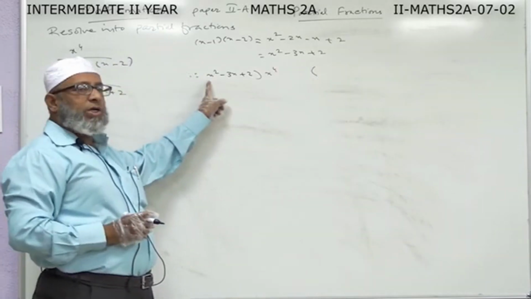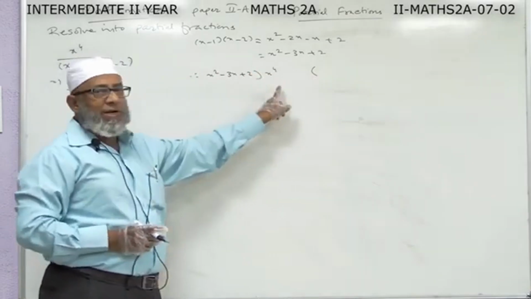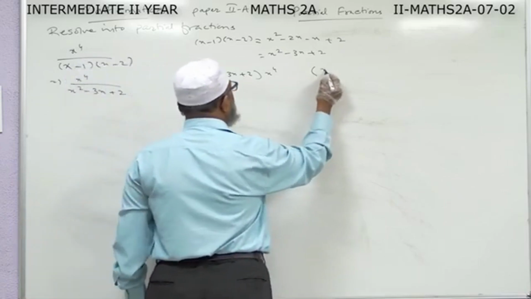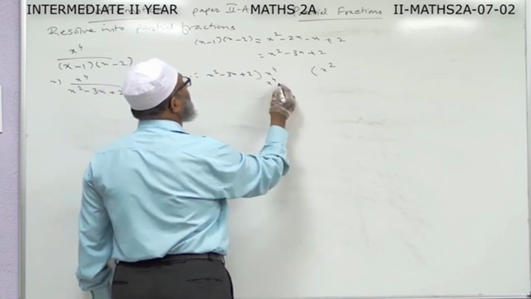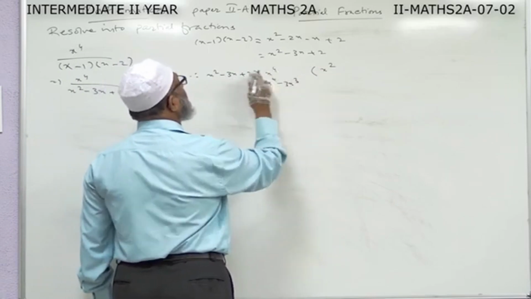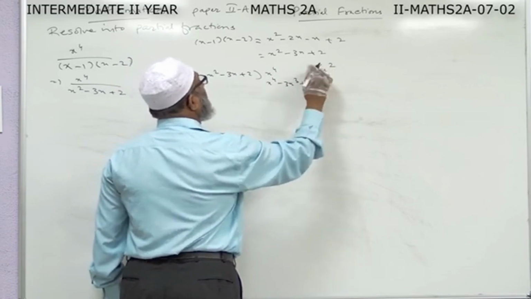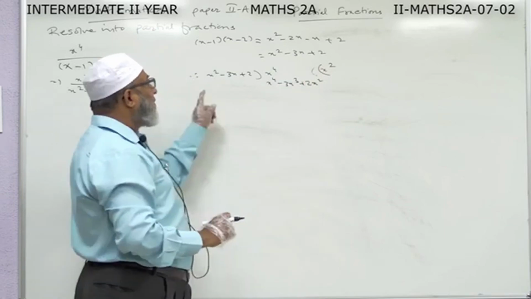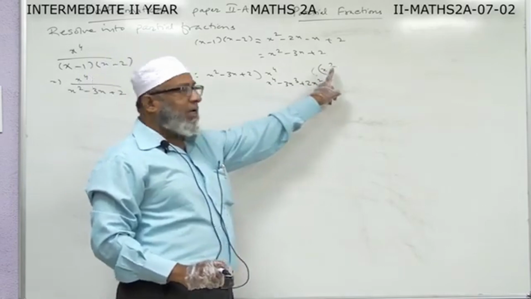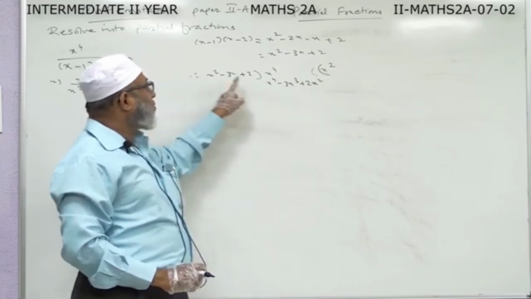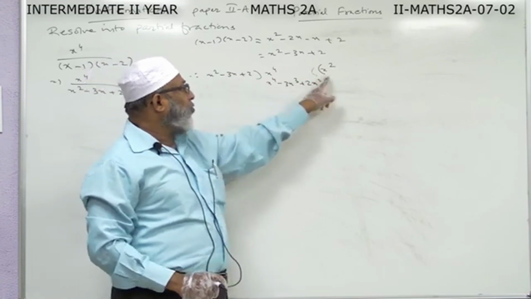What happens here? x square is there, here x to the 4 is there. I have to multiply by x square so that on multiplying this, I may get x to the 4. So multiplying by x square: x square into x square is x to the 4, x square into minus 3x is minus 3x cube, x square into 2 is 2x square.